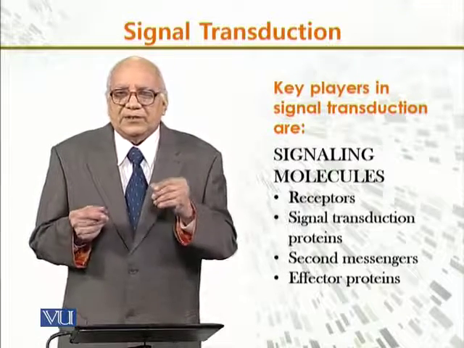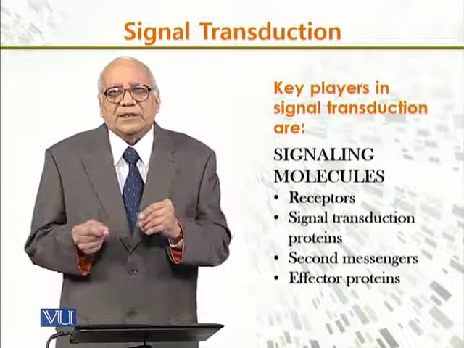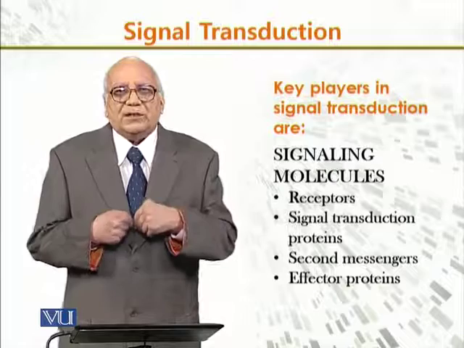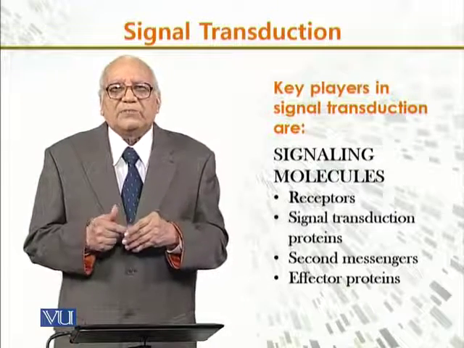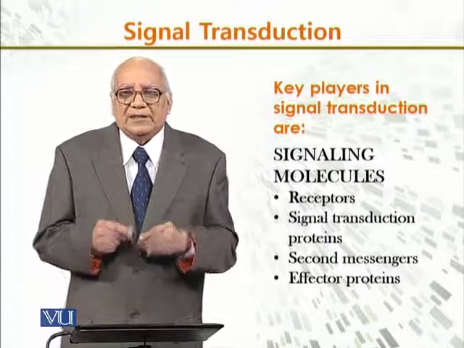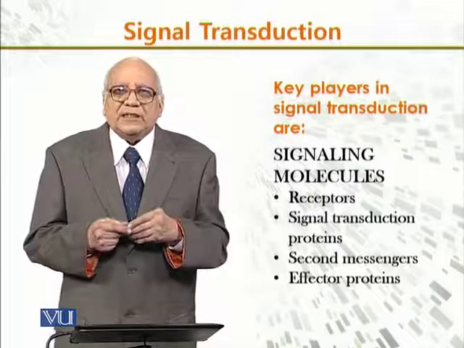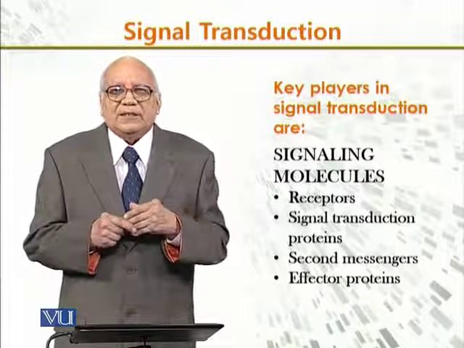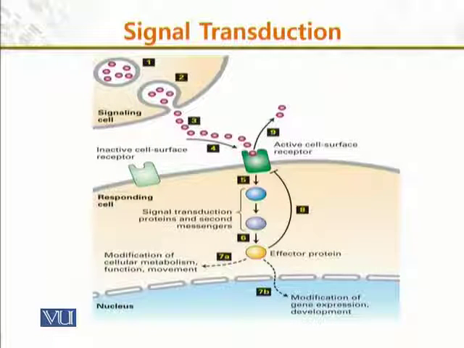The second is the signal transduction protein, the proteins which receive the signal and translate it. Then there is second messenger signaling, and last is the effector protein, the proteins which are affected to carry out these changes.